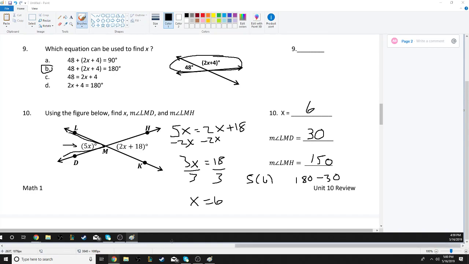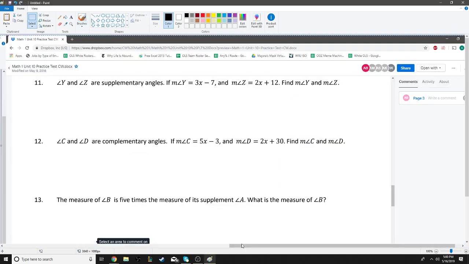Okay, next. It says these guys are supplementary. This angle and this angle. So you write 3x minus 7 plus 2x plus 12 equals 180.